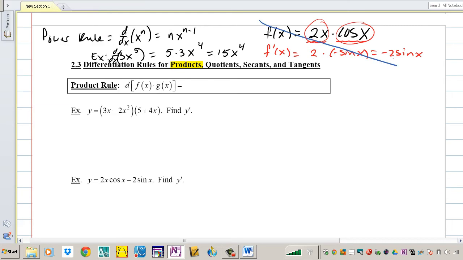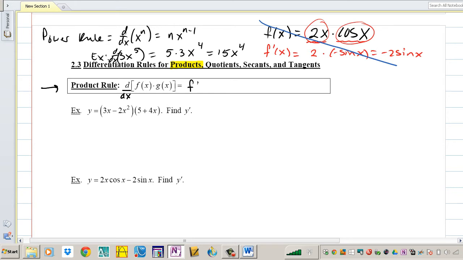The derivative of products is not the product of the derivatives. So that's one big misconception. You don't do that. There's a special rule for that, and I'm going to go and discuss that right now. The product rule. The product rule states that anytime you take the derivative of two functions being multiplied, here's the rule.